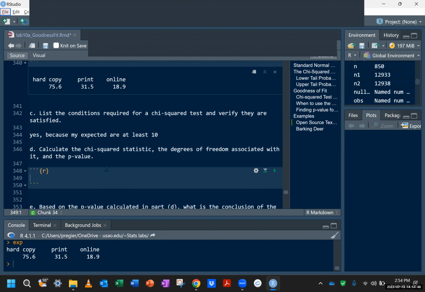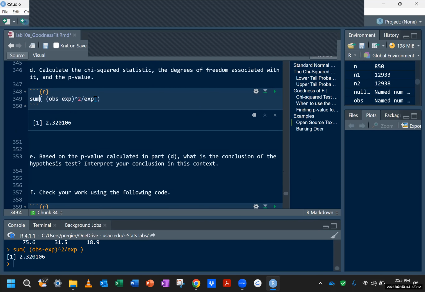This is going to be the sum of observed minus expected, squared, divided by expected, just like that. I want to put this all separated by parentheses. If you misplace a parenthesis, you're going to get something totally different. Like if I accidentally put a parenthesis here instead, it's not going to work.